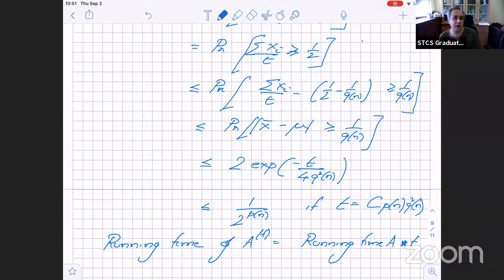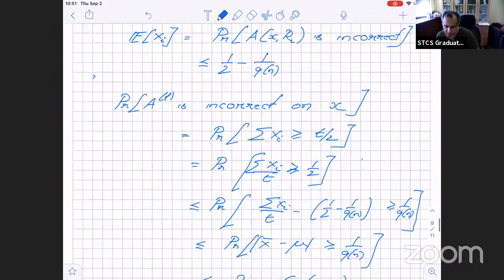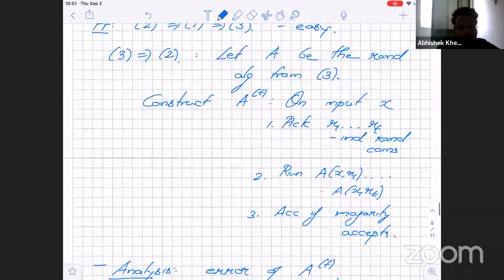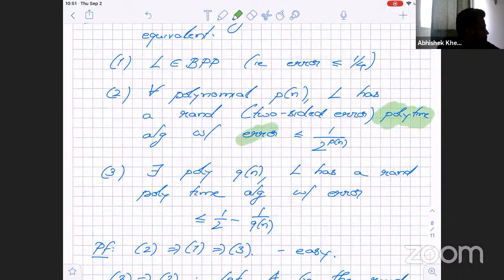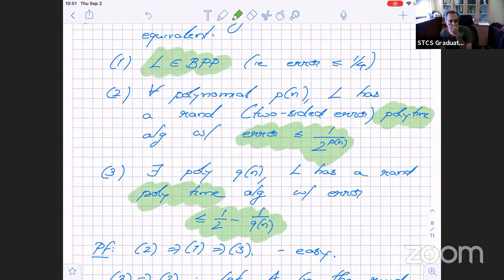It cannot be smaller than inverse exponential. So the missing thing was, as RP said, the polytime is important.